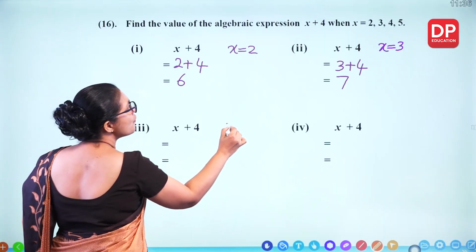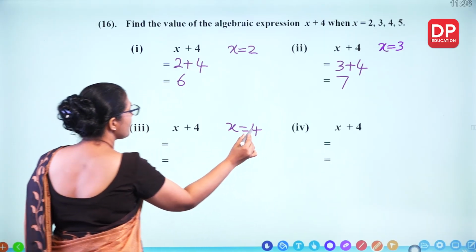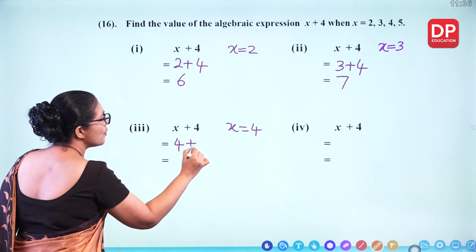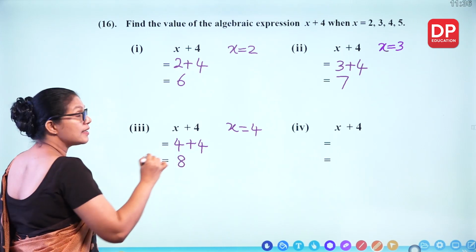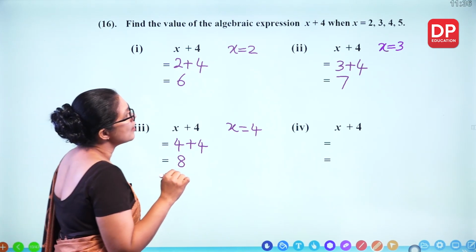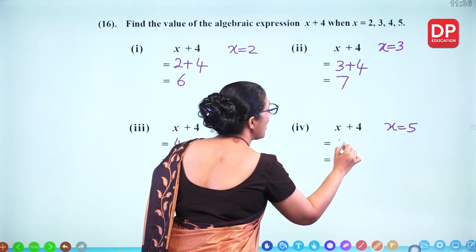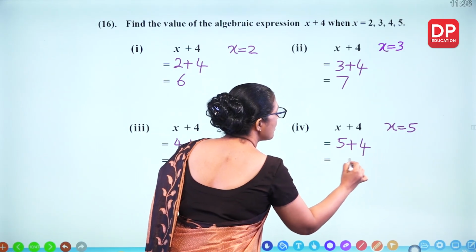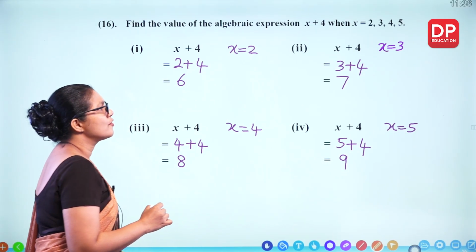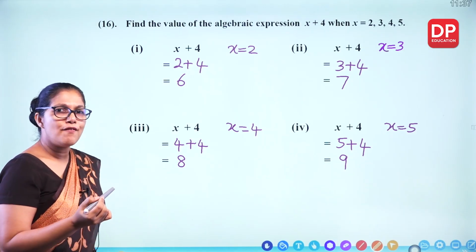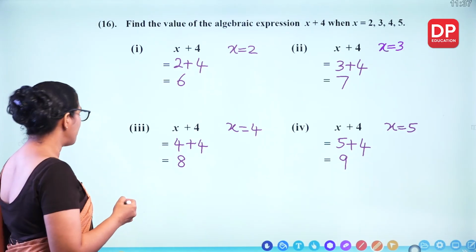When X equals 4, 4 plus 4, you get 8. Now X equals 5. 5 plus 4, you get 9. So you can substitute any value for the unknown term.